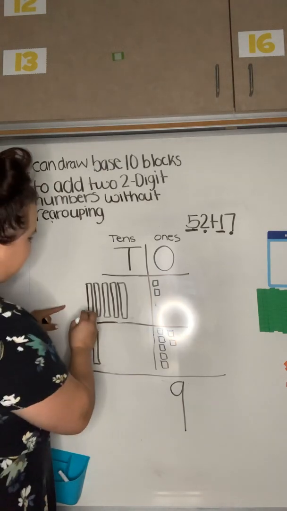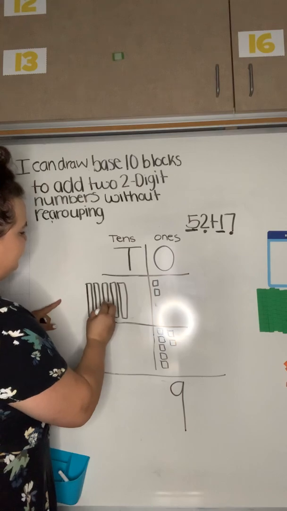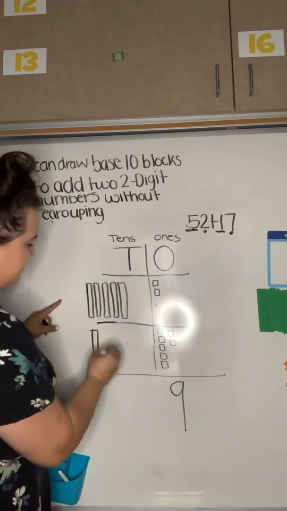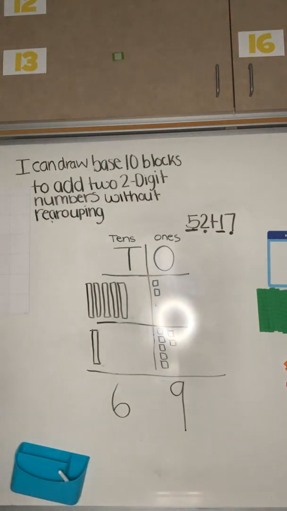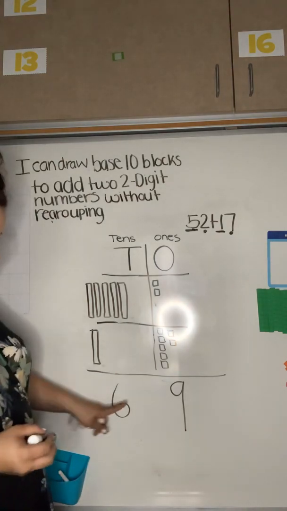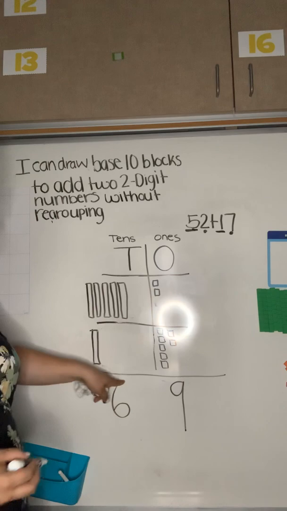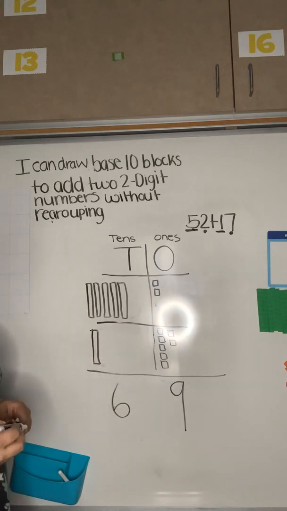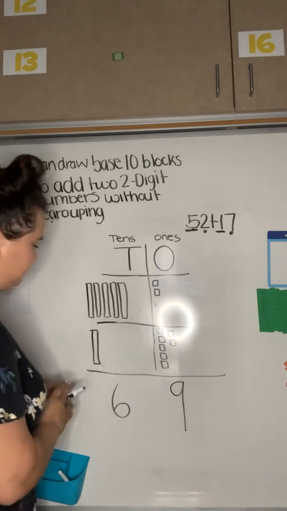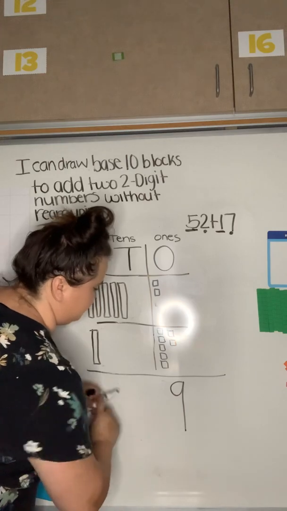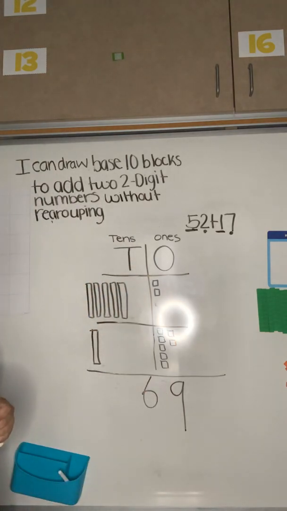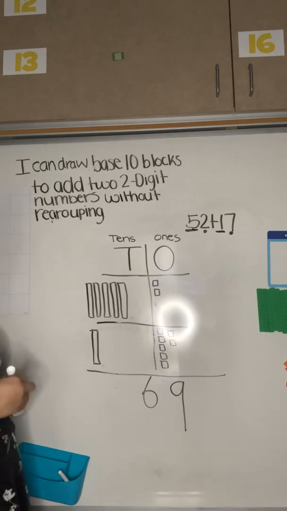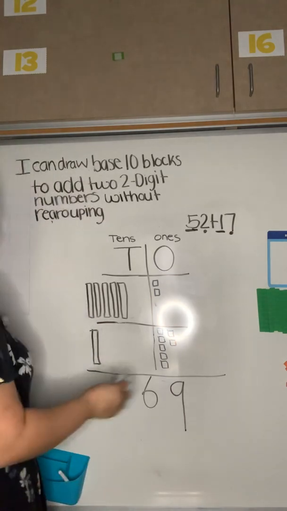Let's count them. 1, 2, 3, 4, 5, 6. So we have 6 tens. So all together, what is 6 tens and 9 ones? All together, it's going to be 69. Good job, guys. All right, let's do another problem.